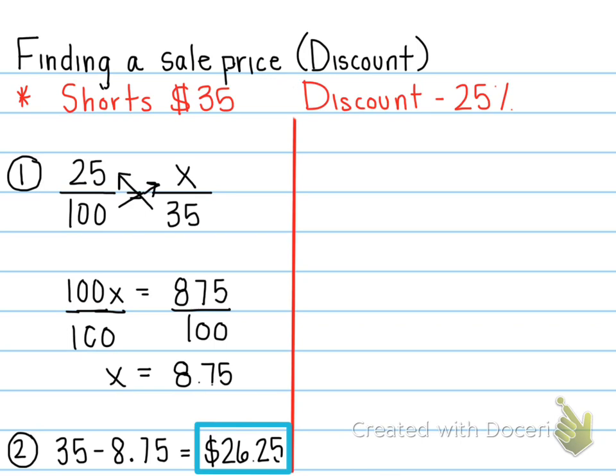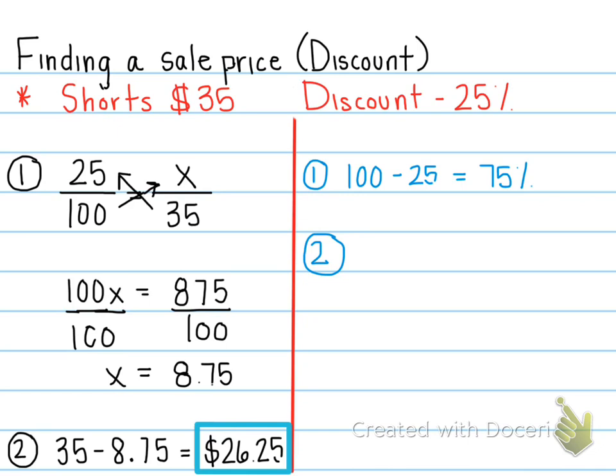So you could first subtract, say, well, 100% minus 25% is 75%. And say, okay, now I'm paying 75% of the item.